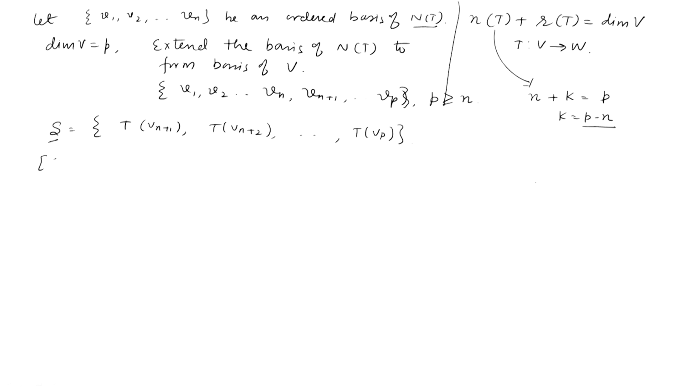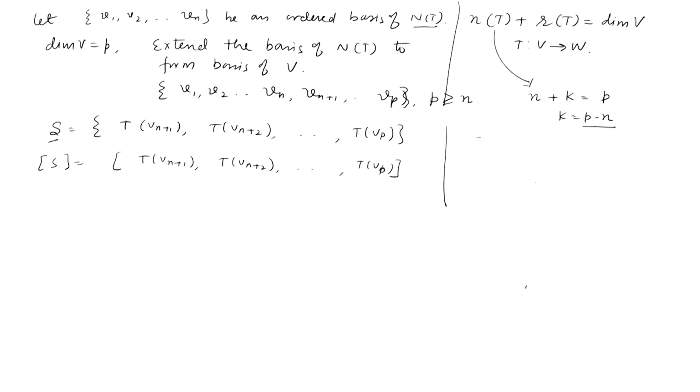For a basis of R(T), we have to show two properties. Number 1, it is linearly independent, and number 2, its span generates the entire R(T). So, first let us see the span of this. The span of this is T of Vn plus 1, T of Vn plus 2, up to T of Vp. We know that if V equals the span of V1, V2 up to Vn, then R(T) equals the span of T V1 up to T Vn.